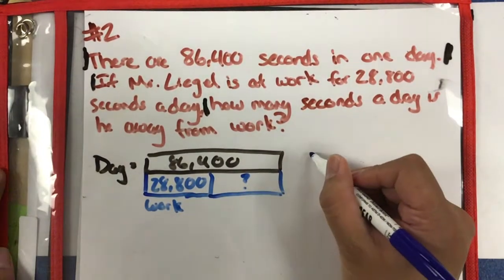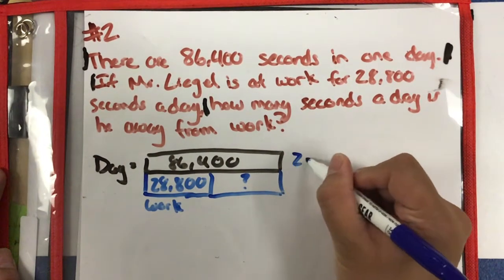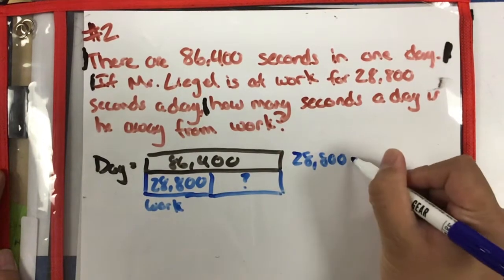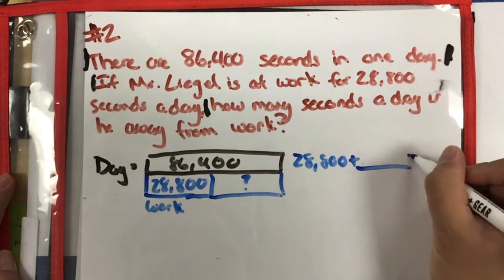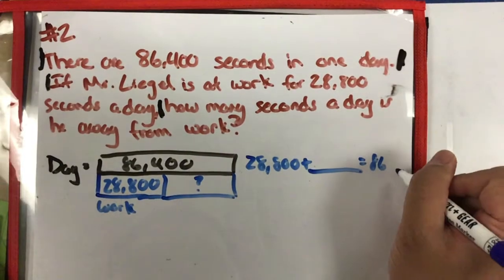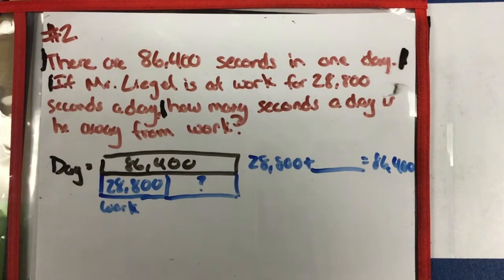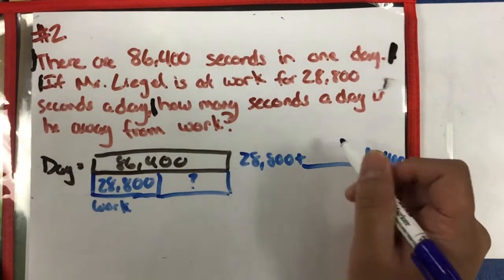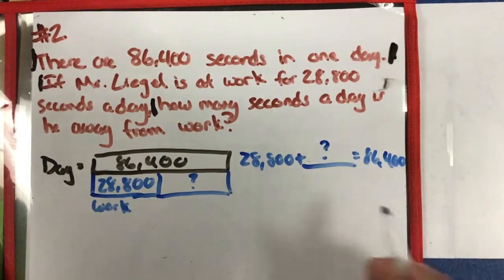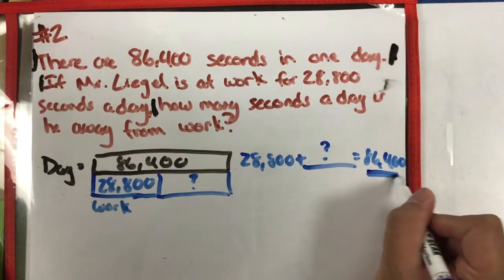So if we look at that, we could see 28,800 plus a variable equals 86,400. Now we can turn this into a subtraction problem to help us see what this missing number is, okay? So we're going to take our total at the end.